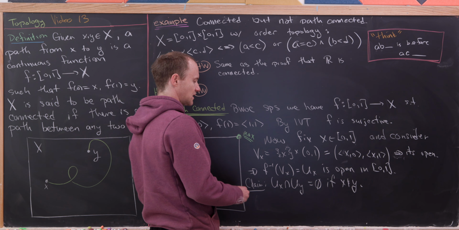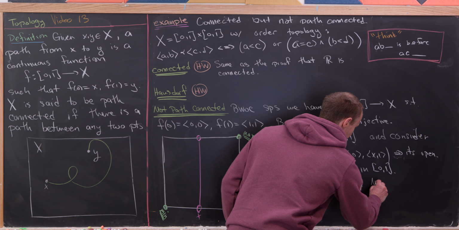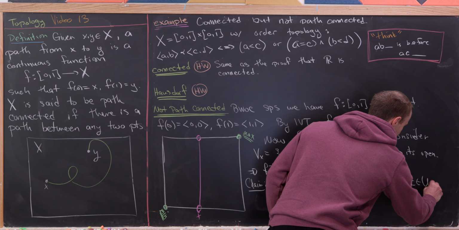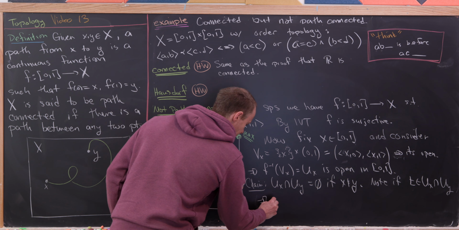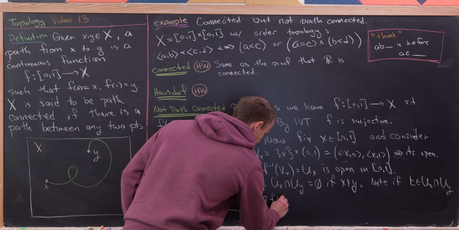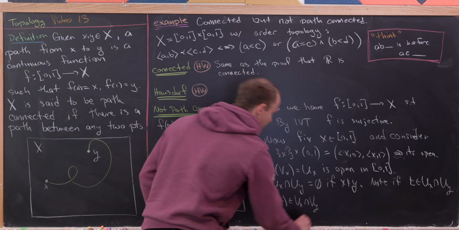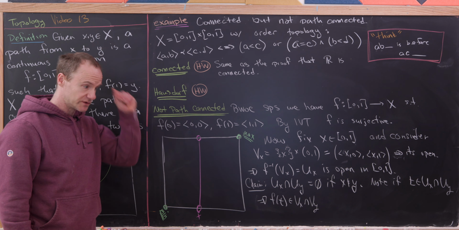And I guess we could show this pretty easily. So let's note that if we have a t inside of U sub x intersected with U sub y, then that means that f of t is inside of V sub x intersected with V sub y, just by our definition of U sub x.